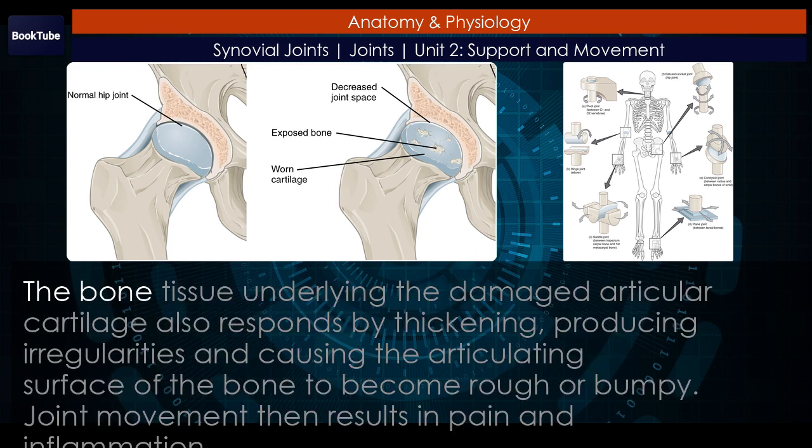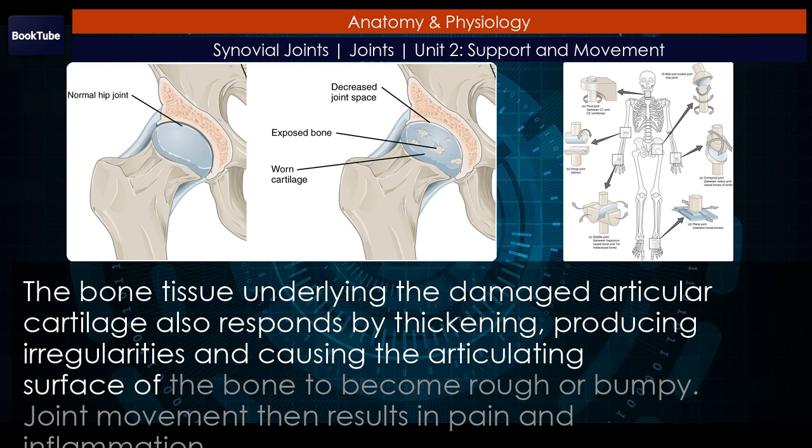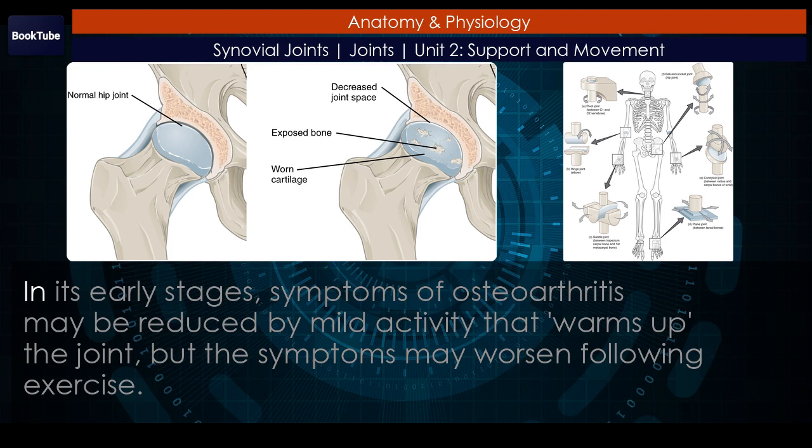The bone tissue underlying the damaged articular cartilage also responds by thickening, producing irregularities and causing the articulating surface of the bone to become rough or bumpy. Joint movement then results in pain and inflammation. In its early stages, symptoms of osteoarthritis may be reduced by mild activity that warms up the joint, but the symptoms may worsen following exercise.